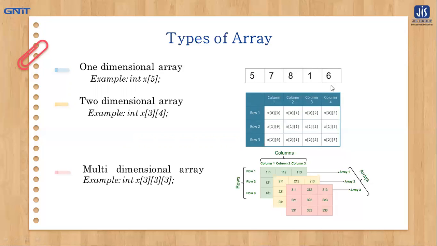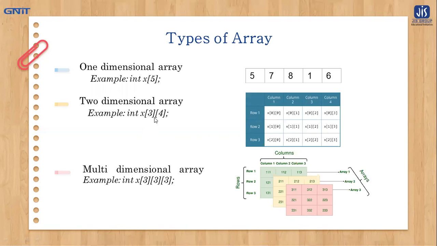So for this one-dimensional array, the lower bound will be 0 and the upper bound will be 4. Similarly, for the two-dimensional array, the lower bound for the first dimension is 0 and it will run up to 2. You can check the picture: the lower bound for the first row is 0 and the last row is 2, because the size of the row is 3.